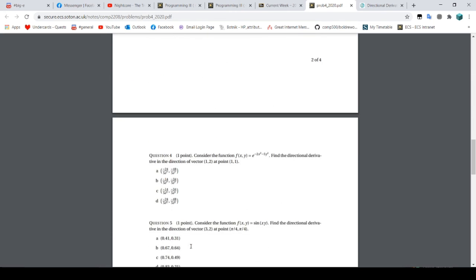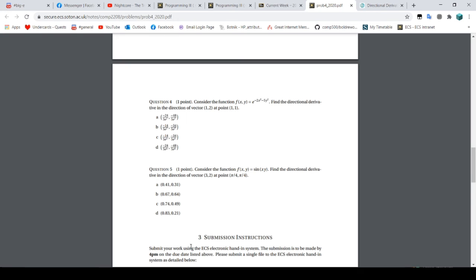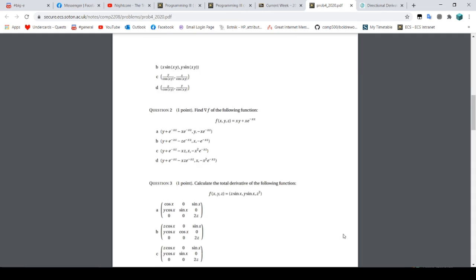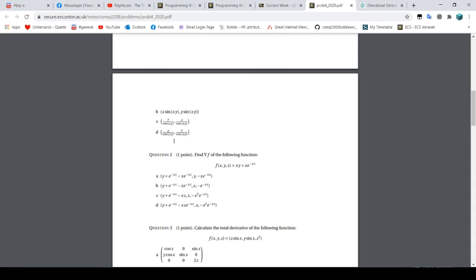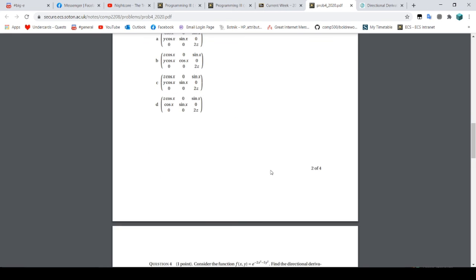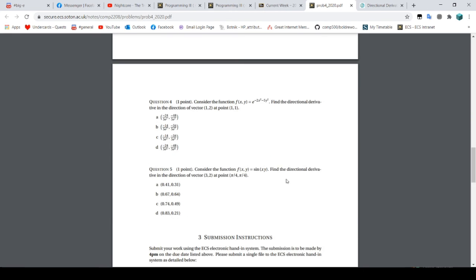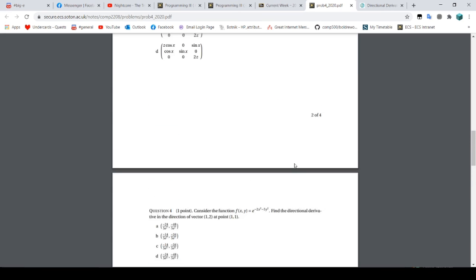That gives 0.8, which is still not one of the answers, so it wasn't that one. There's no point swapping these two around, because they're both pi over 4, and I am now in radians, aren't I?